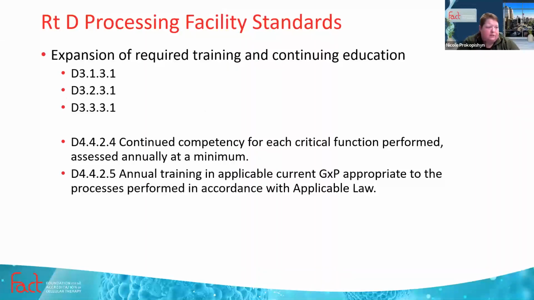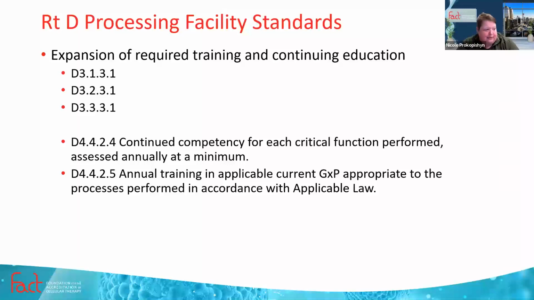Some additional ones would be expansions on requirements in training and continuing education within the processing facilities, because of course, we are dealing with a variety of products that are present there. So it's important to have appropriate training and continuing education on the products that you are working with and processing and involved with, as well as the quality aspects of such things.